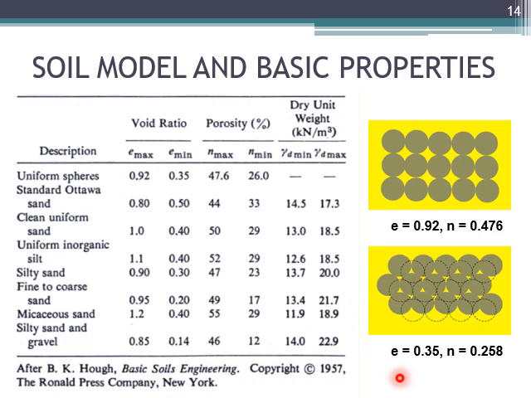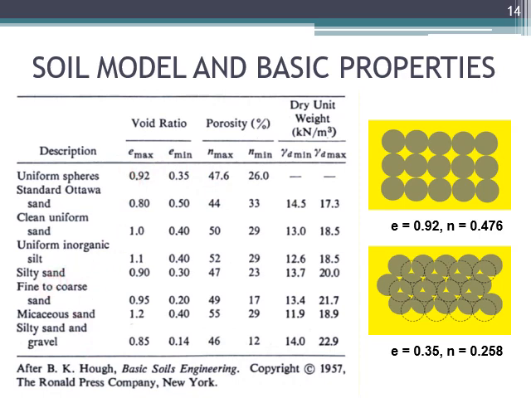Natural soils, of course, are not made of spheres. They have various shapes. But if you look at this table where the values of the void ratios and porosities are presented, then you can notice that for sands, the e-min and e-max values are not really far from these theoretical ones.